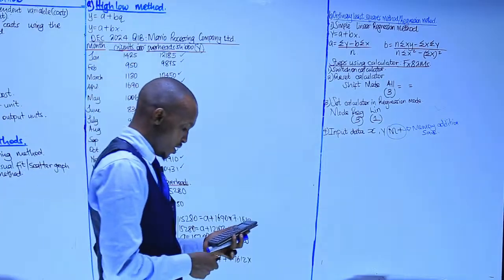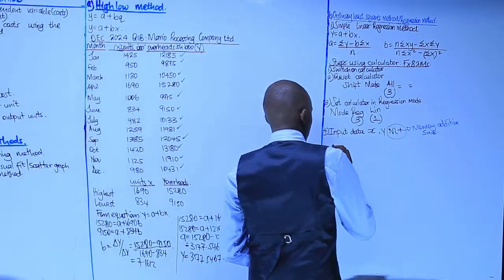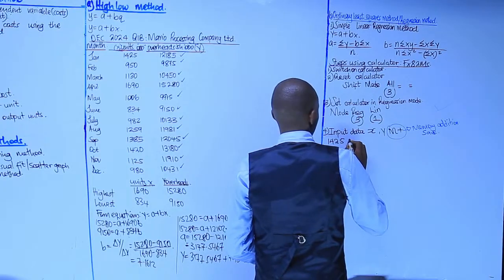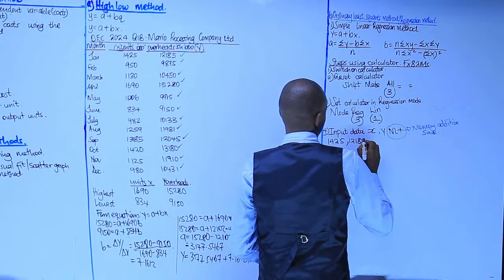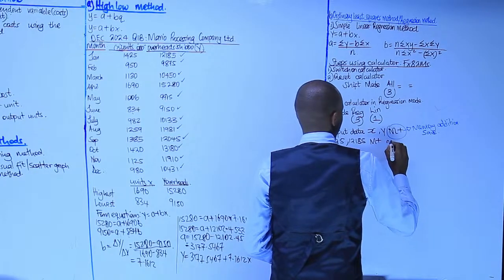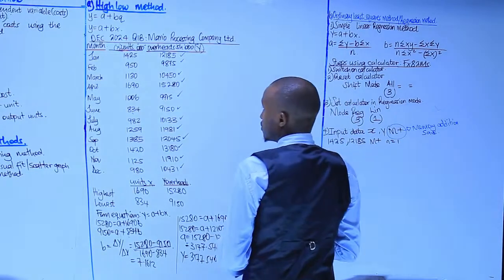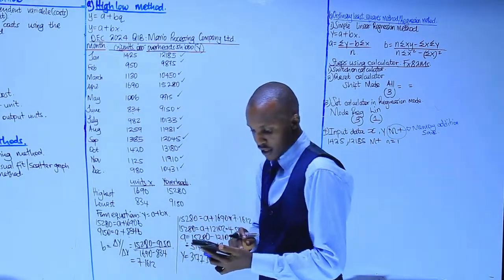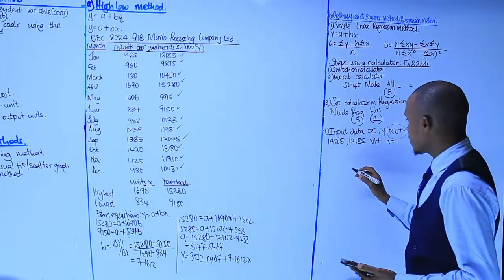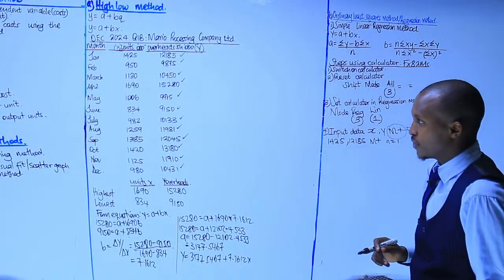If you press 1425, 12185, M plus, n should give you 1. The next observation is 950, 9875, M plus. So that is the second observation.